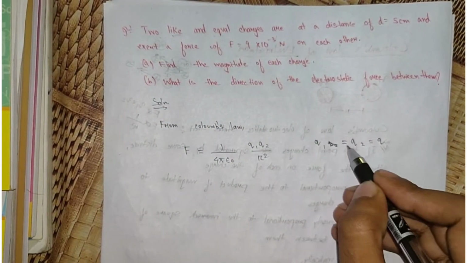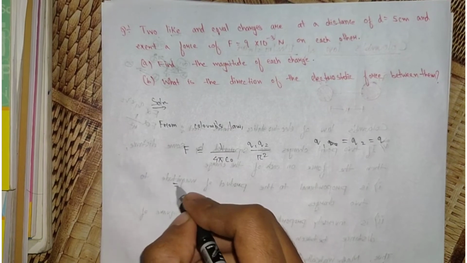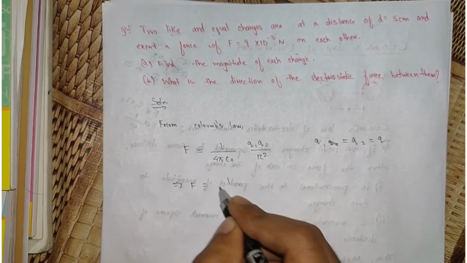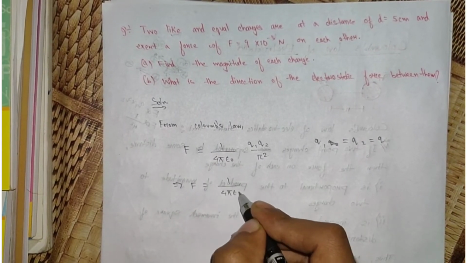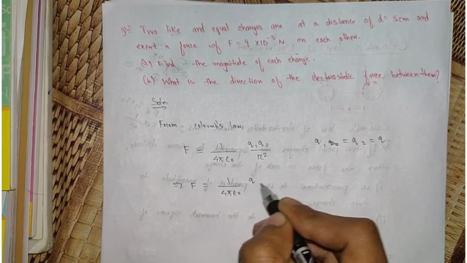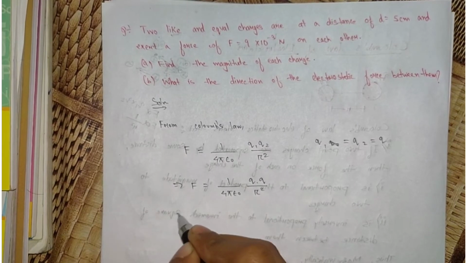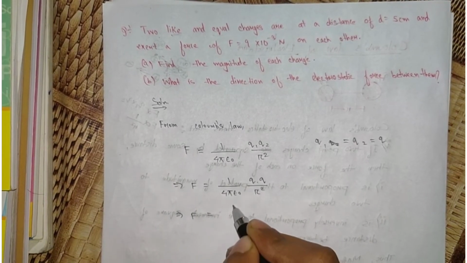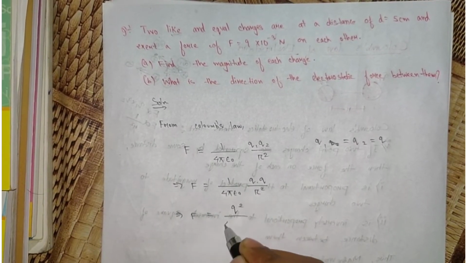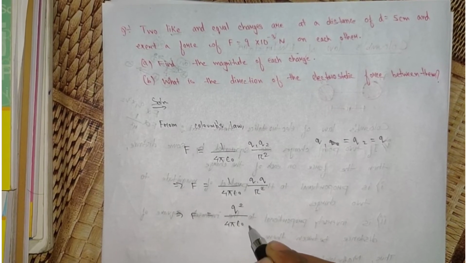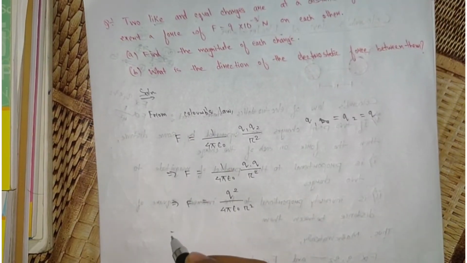So now we will have F equals 1 by 4 pi epsilon naught q into q divided by R square. So F will be nothing but q square divided by 4 pi epsilon naught R square.